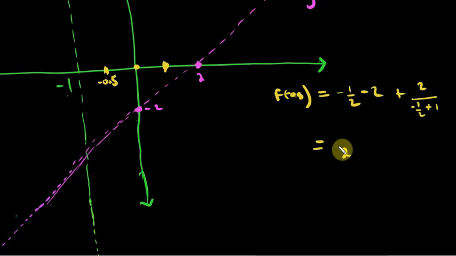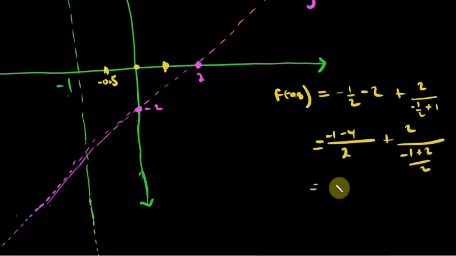So this is minus 5 over 2 plus 2, over 1 over 2.